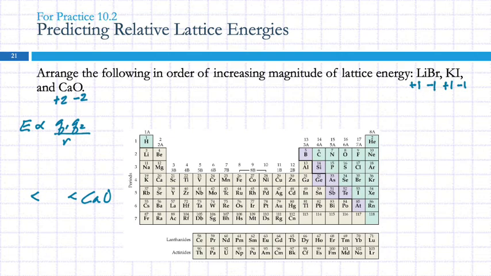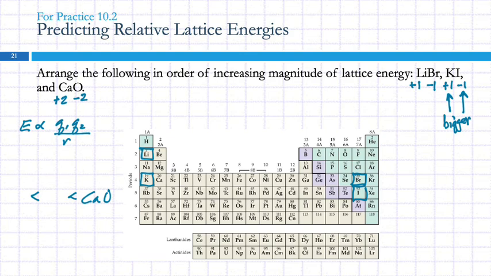Well, these have the same charges, so now we're going to look at size. Here we have lithium and potassium. Which one is bigger? Potassium. And then let's look at the anions. We have bromide and iodide. Iodide is bigger.